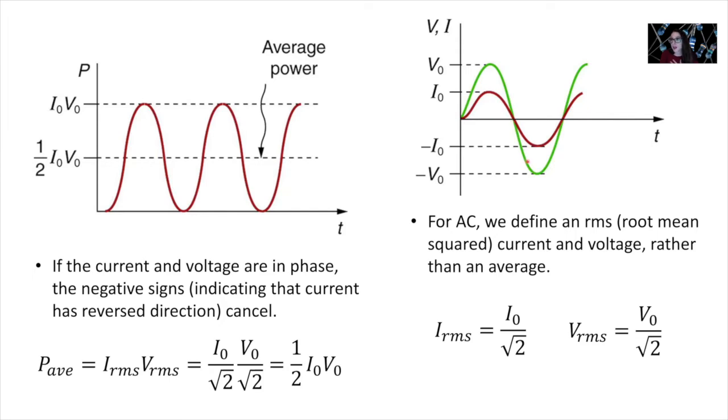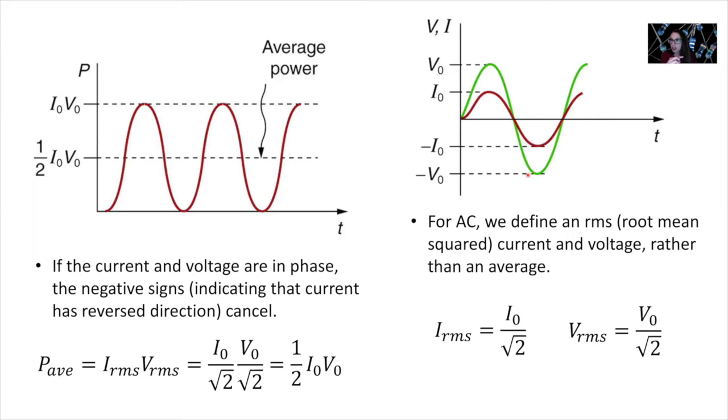So when we're in phase, and let's say we're down here trying to find the power, we're multiplying a negative current times a negative potential, which just means that that potential or current is flowing in the opposite direction from what it was before. Then those minus signs cancel.